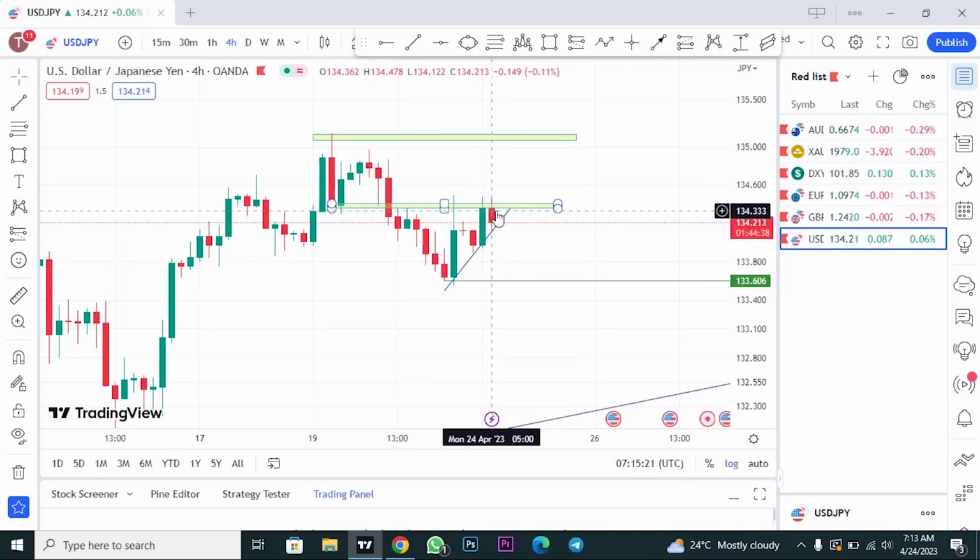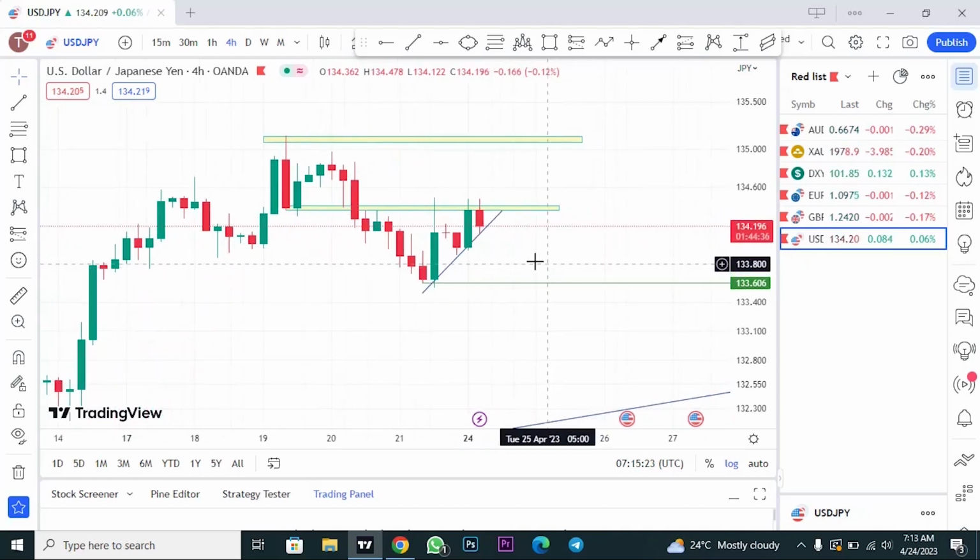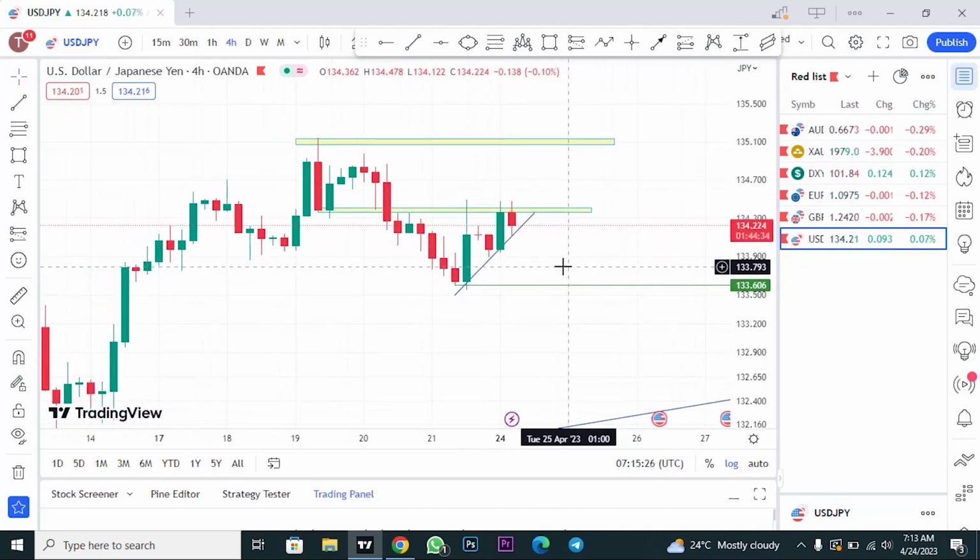Since price has retested it as a resistance, I can see the market is trying to change from bullish to bearish. That's how I'm seeing the market trying to change from bullish to bearish. I think I just have to short the market to the downside.